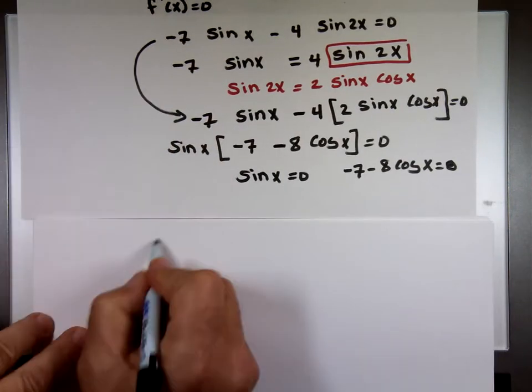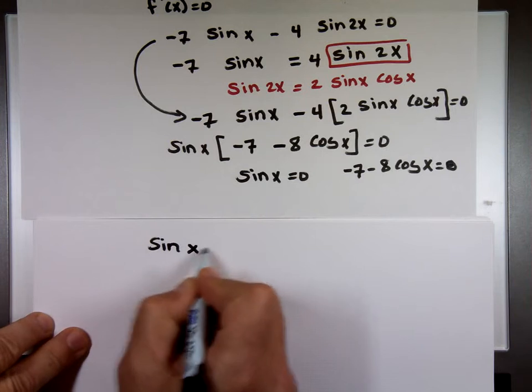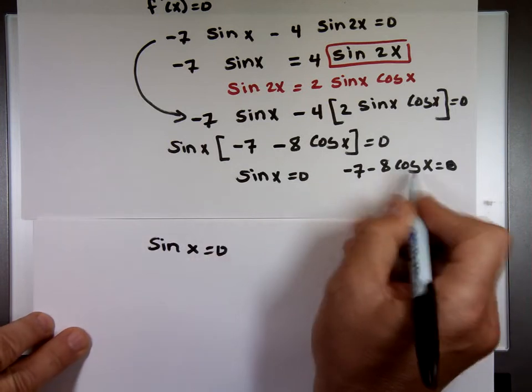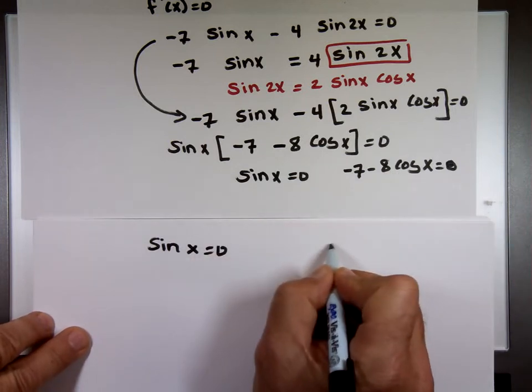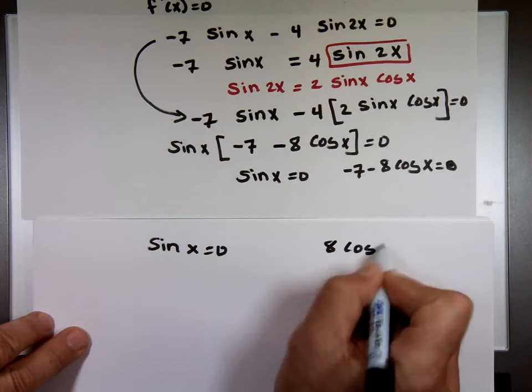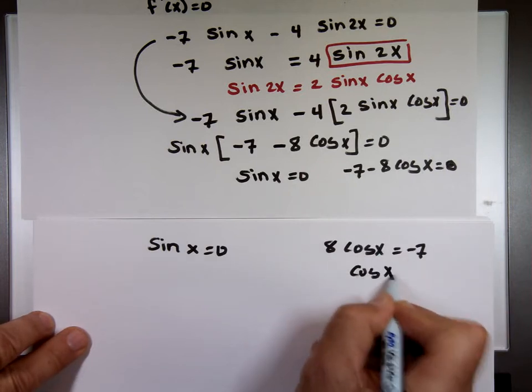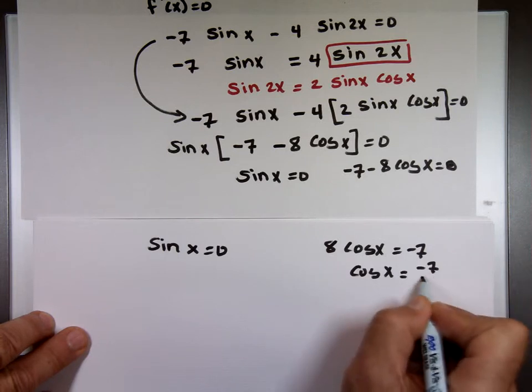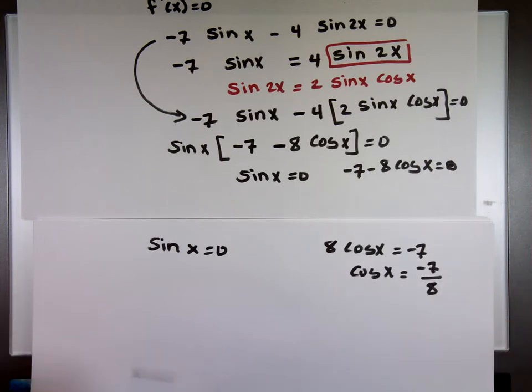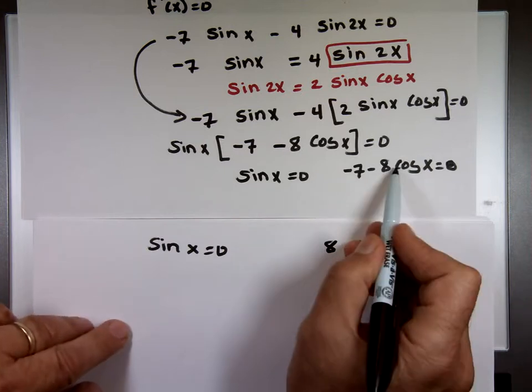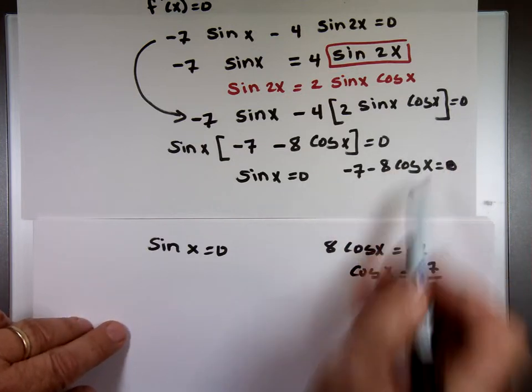So sine of x equals 0. If I clean this one, that's what? 8 cosine x equals negative 7. Cosine x equals negative 7 over 8. Wouldn't that be positive 7? I moved this one actually to that side. One is positive, one is negative.